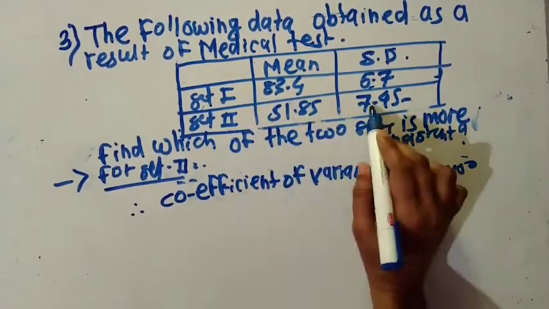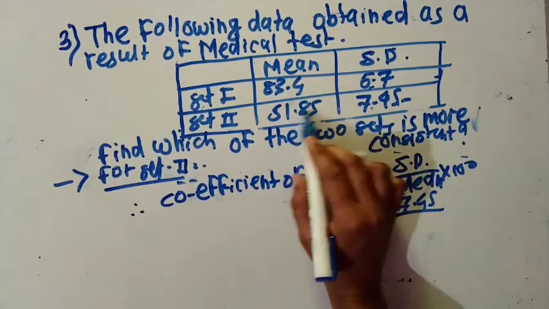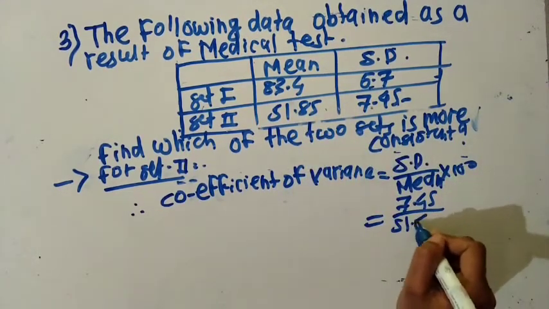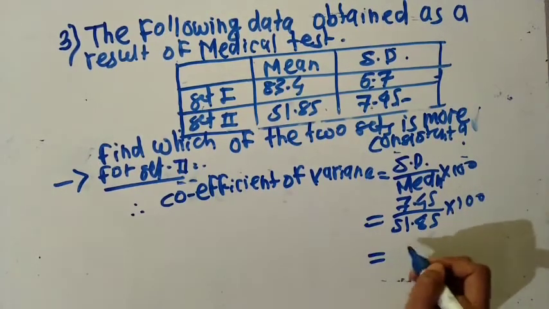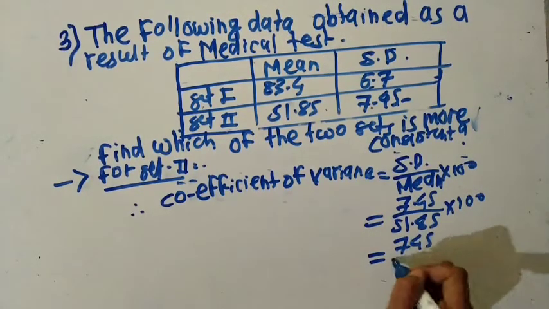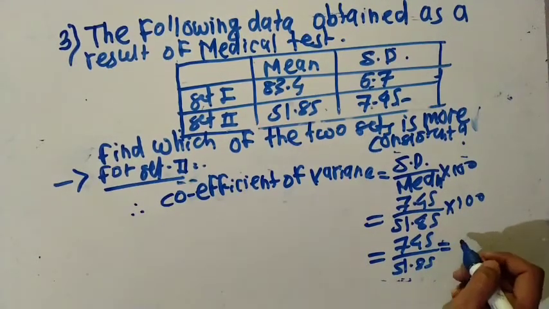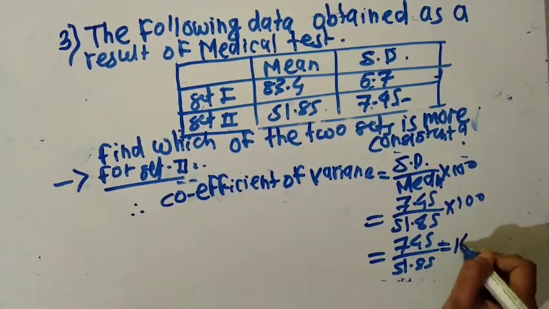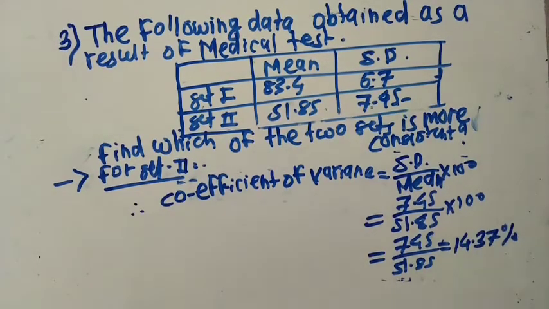Standard deviation is 7.45 upon 51.85 into 100, which is equal to 745.85, and this division is 14.37%.